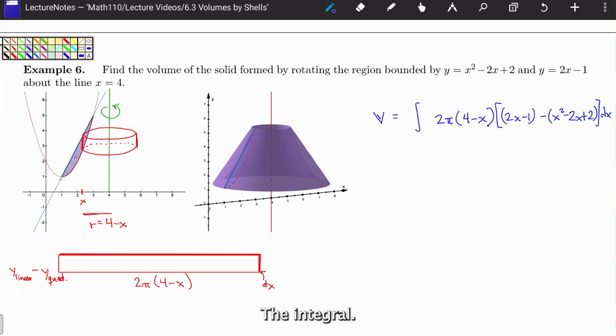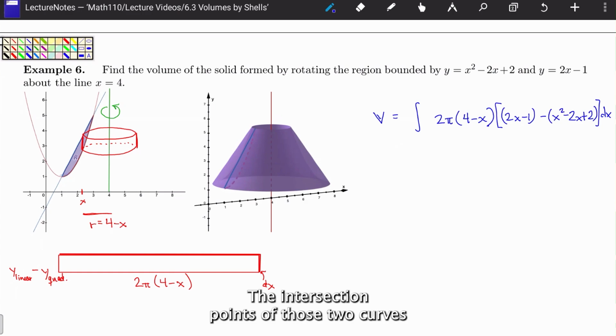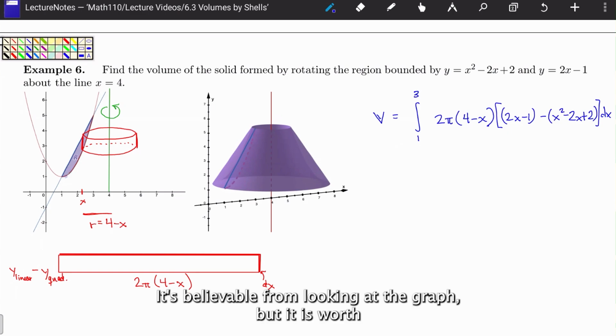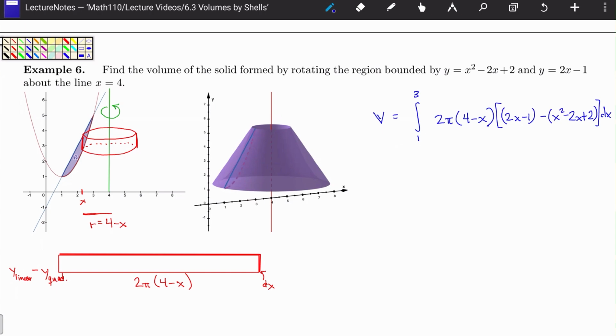In this case, we calculated in the previous videos that the intersection points of those two curves are x equals 1 and x equals 3. It's believable from looking at the graph, but it is worth checking the algebra and making sure that is true. So I'm going to pull out the 2 pi, and we're integrating from 1 to 3.